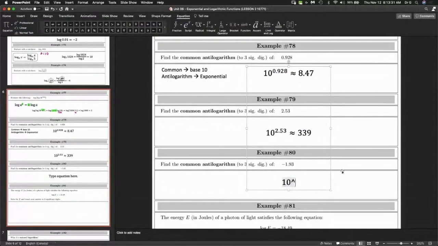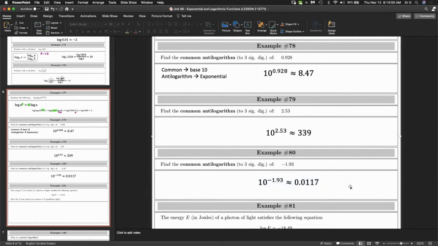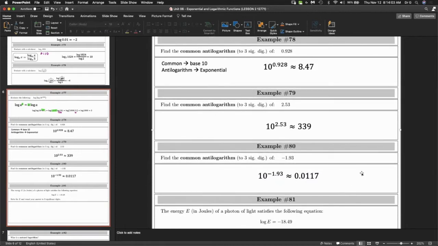And the next one, yes, I like those answers. I'm going to go with 3 significant digits. So just an extra little bit there at the end. And that's pretty much it for the common anti-logarithm. So you just do 10 to the power. So if it was a different base, you would do whatever the base is as an exponential.